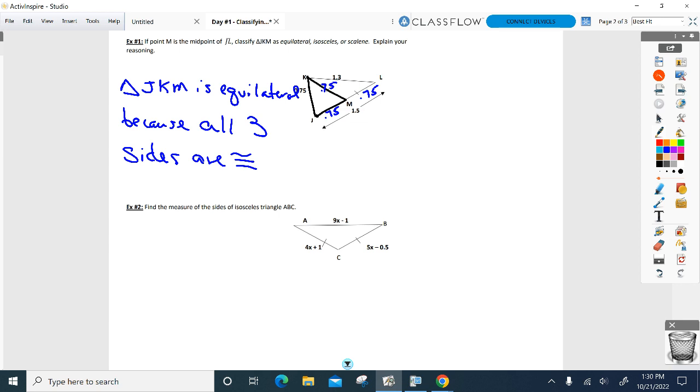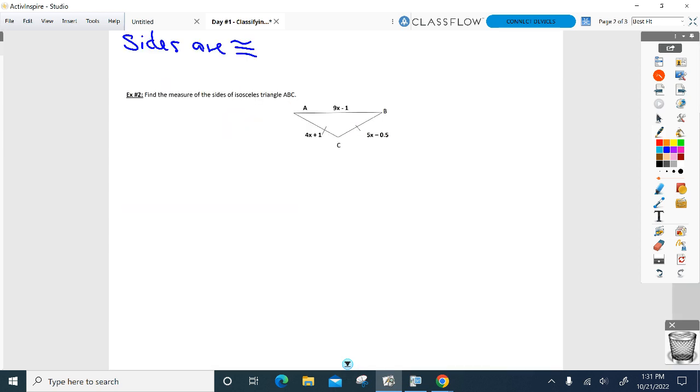I love number 2. Kids fall into so many traps, and I just light them up when they do. What type of triangle is this? Two sides congruent. I'm telling you the two sides are congruent, correct? And we need to set up an equation to solve for x. Is it mandatory that I have to use all three sides when I write this equation?